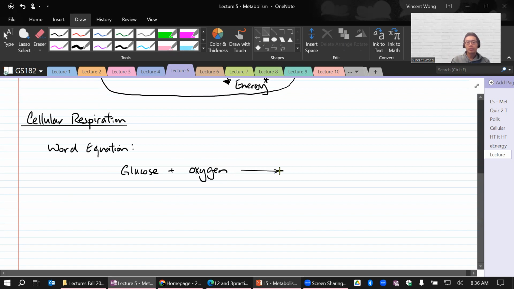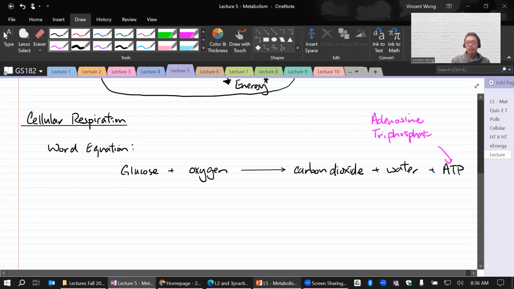And then it's going to create carbon dioxide and water and ATP. Okay. ATP again is adenosine triphosphate. Okay. That's what that is.